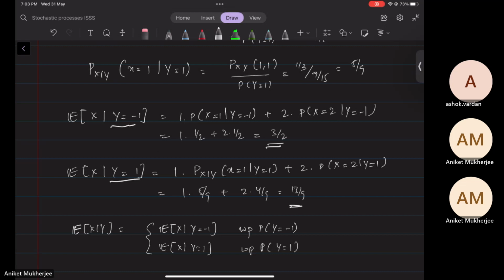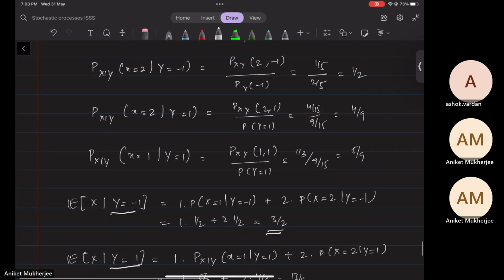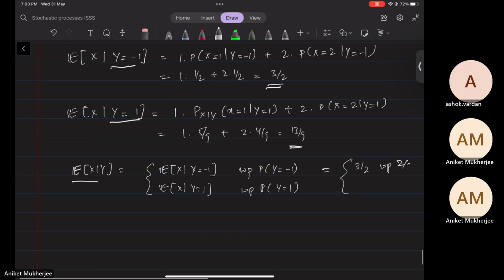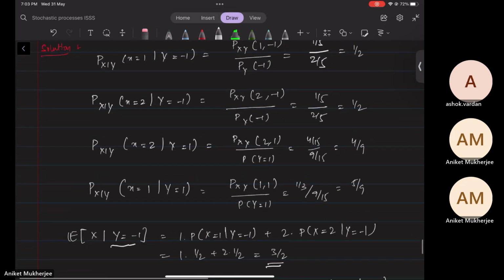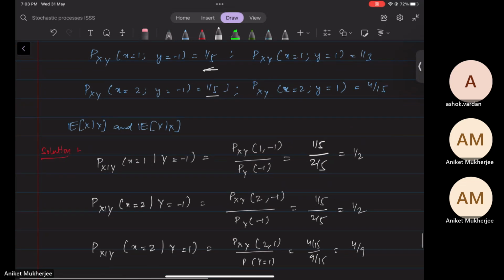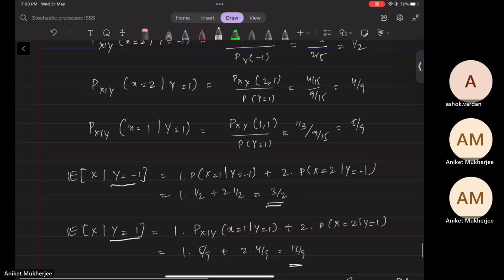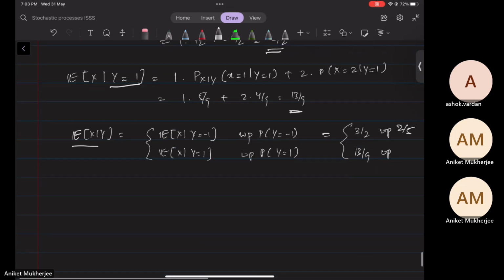So expectation of x given y, when you're conditioning on a random variable, this will be 3 by 2 with probability y equal to minus 1 is 2 by 5, and 13 by 9 with probability 3 by 5.